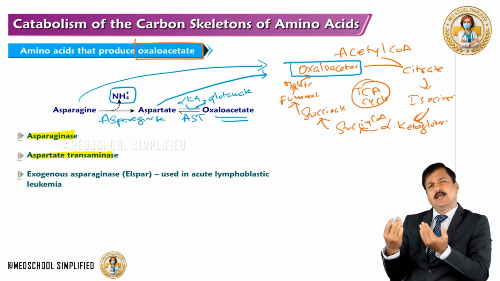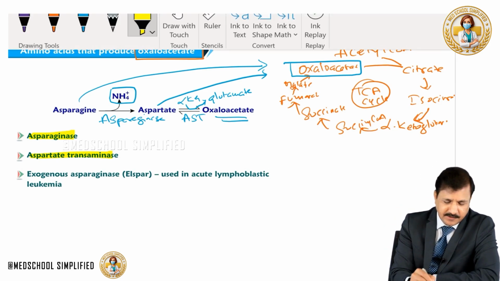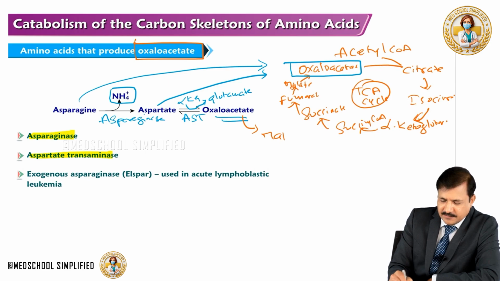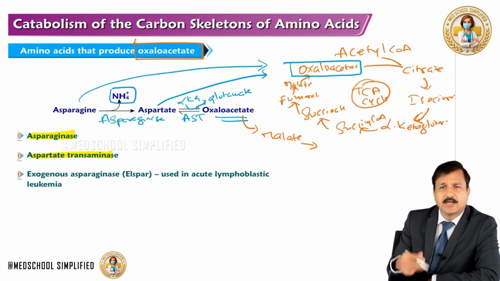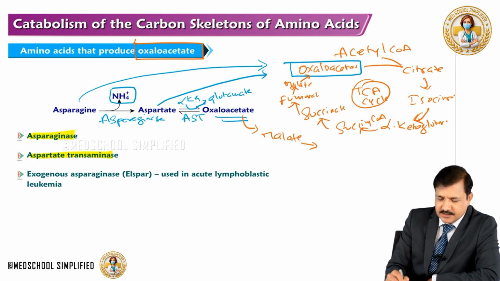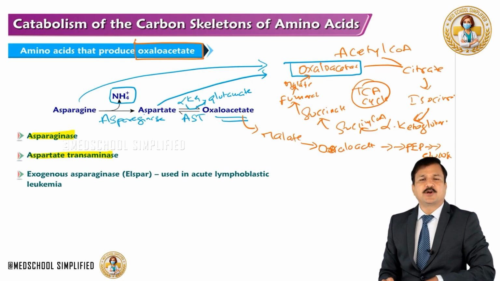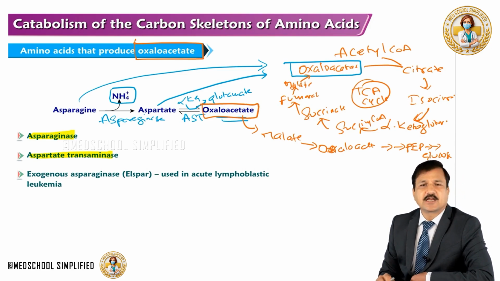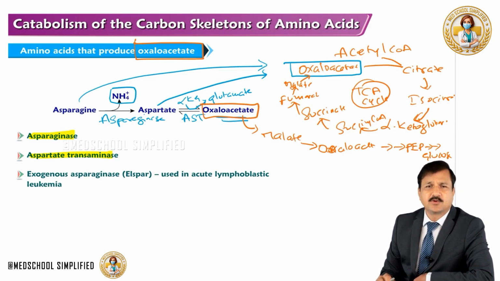Malate moves out of mitochondria into the cytoplasm, where it is converted back into oxaloacetate, and oxaloacetate will form phosphoenolpyruvate, which goes into glucose formation. That's how asparagine and aspartate are glucogenic amino acids. So overall they make a TCA cycle intermediate, oxaloacetate. That's the purpose of this particular slide.